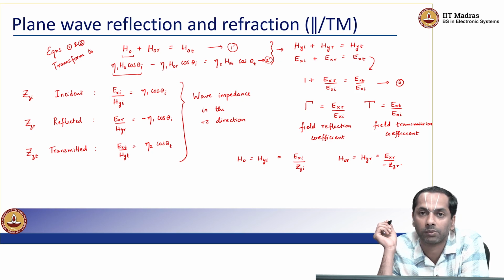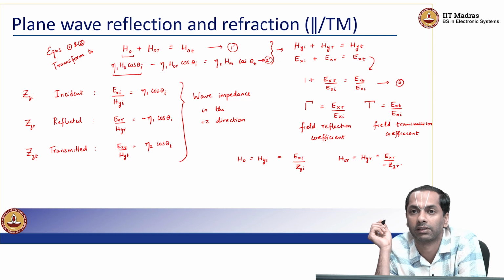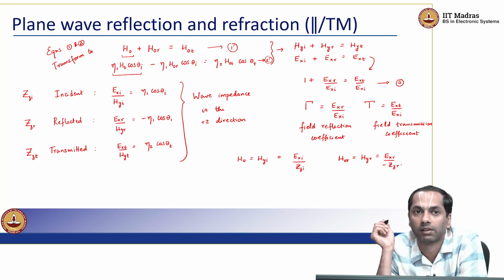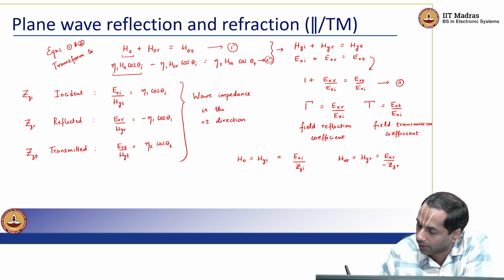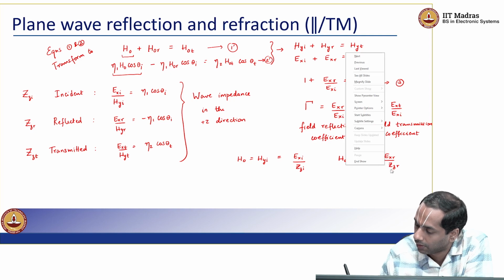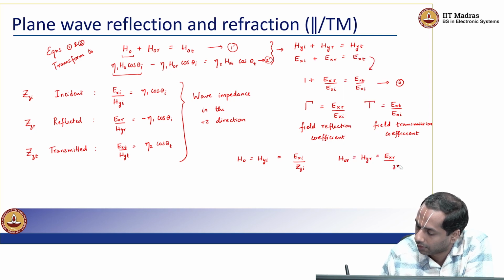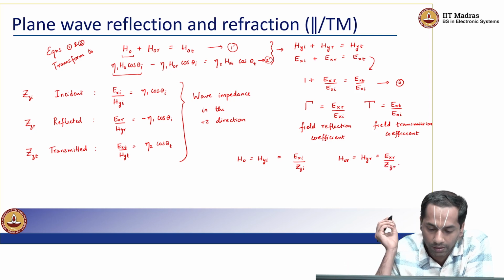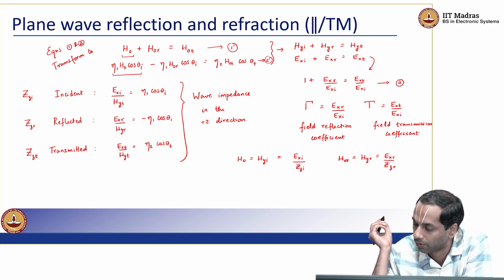but H0r is positive. So Exr is negative and Zzr is also negative. Oh, sorry. So I think Exr is negative, Zzr is negative, so I don't need a negative sign here. This should be fine because Exr by Zzr is the definition for Hyr.